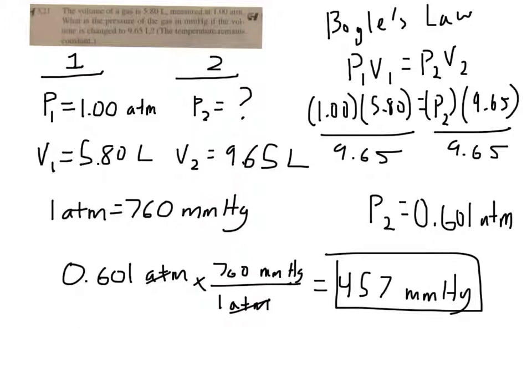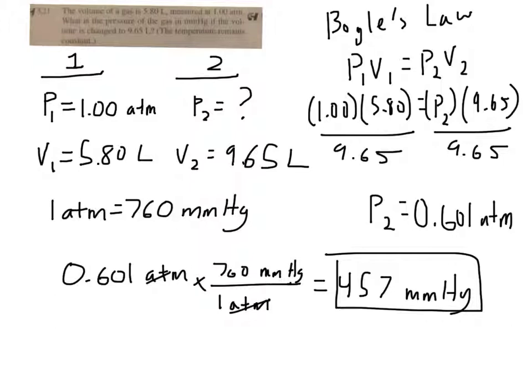And that's our answer. So let's recap. We looked at the problem and filled in our chart of state 1 and state 2 with our pressure and volume. We saw that the temperature remains constant, so we didn't worry about temperature because we identified this as a Boyle's law problem. We then wrote that P1V1 equals P2V2, substituted in, and solved for atm.